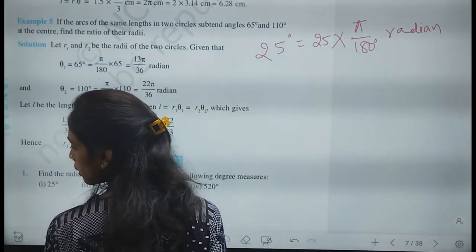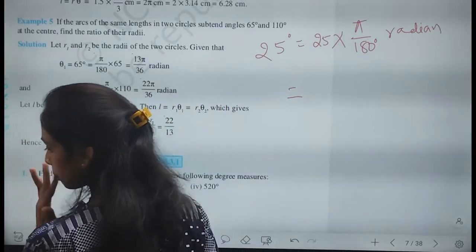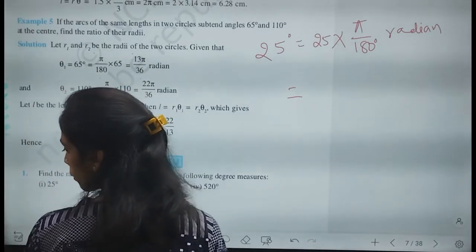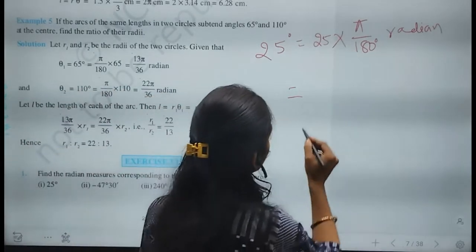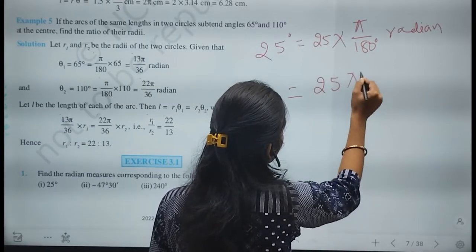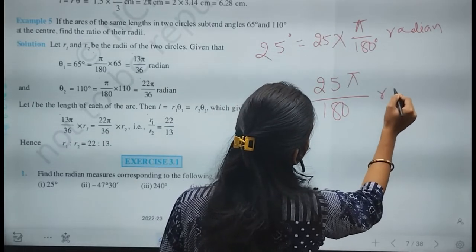Then what will you do? 25 pi by 180 radian.